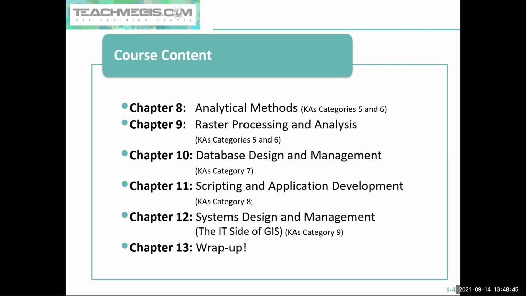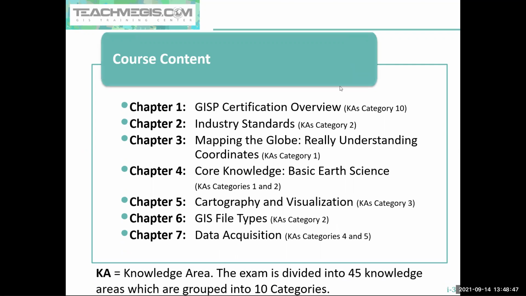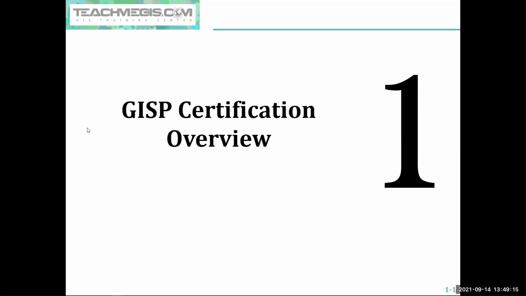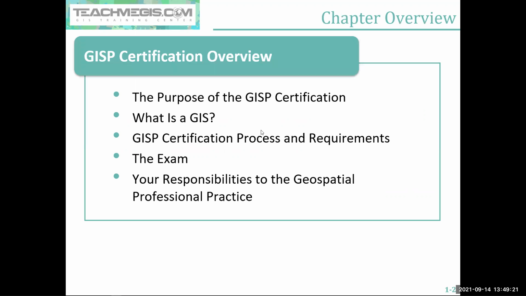All right, but we're going to get into chapter 1 in this video, the GISP certification overview. So let's look at chapter 1. In chapter 1, we look at the GISP certification process in general and a little about how the exam is delivered. So the purpose of the GISP certification, what is a GIS?